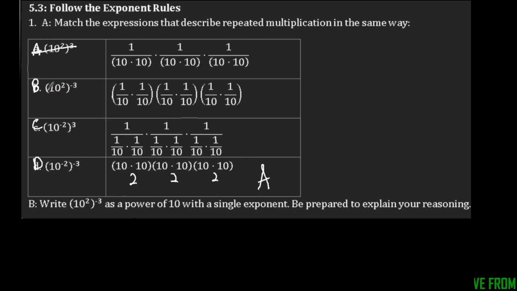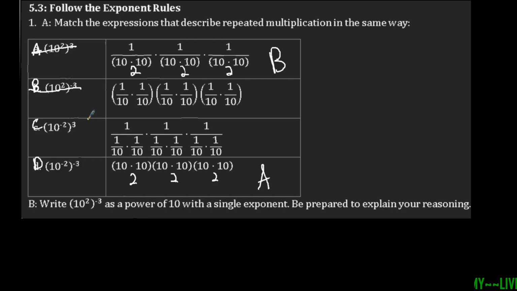Then for the next one, it says B, I have 10 squared to negative 3 power. So that's going to be this first one here because I have 2, 2, 2, and I have that in the denominator. So notice how I have 10 times 10 in the denominator 3 times. Moving to part C, I have 10 to the negative 2 power 3 times.